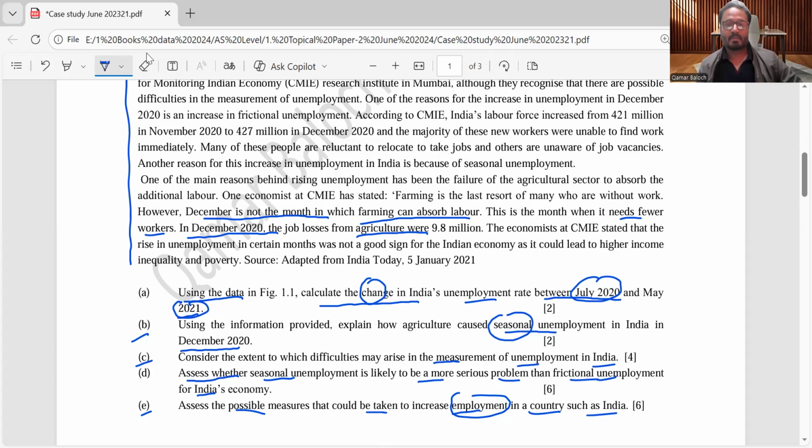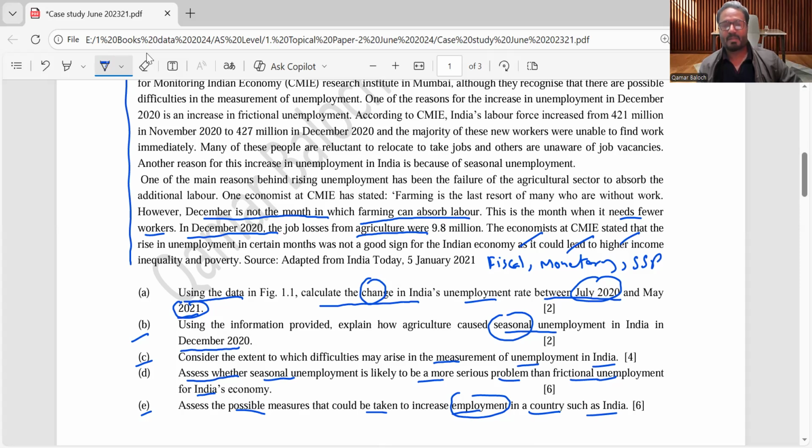So what are the macroeconomic policies? Keep in mind, whenever a question is from macroeconomics, you have to use three policies: fiscal policy, monetary policy, and supply side policy. You can explain one measure of each, and at the end, you can evaluate them as well.